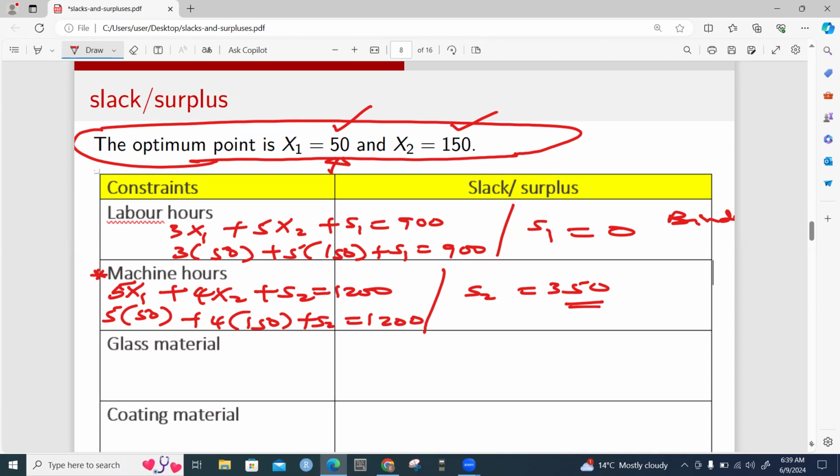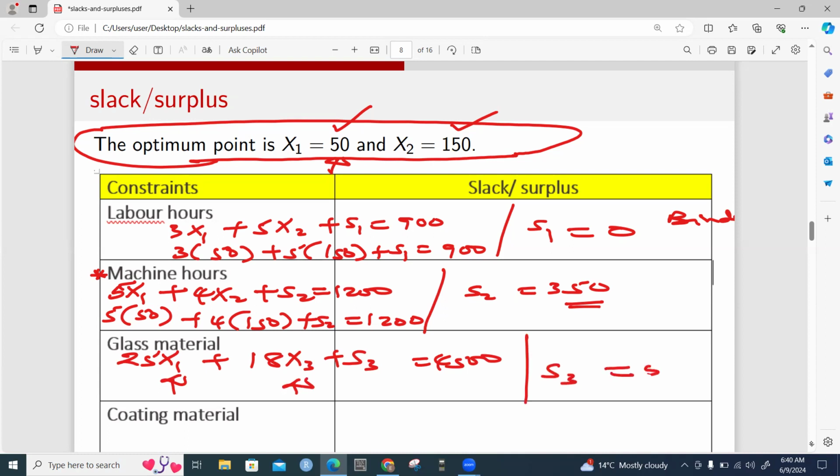If we continue, with the glass material, 25x1 plus 18x2 plus S3 equals 4500, and substituting x1 and x2, we end up with S3 being equal to 550. That's the size of the material that is underutilized or not utilized at all at optimum.